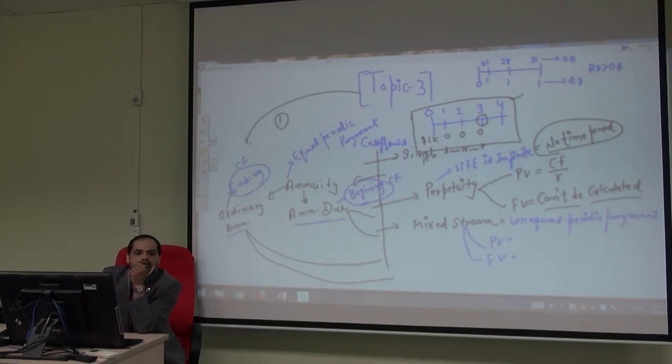The first year is 1,000, the second year is 500, and the third year is again 1,000. This is an example of a mixed stream, unequal periodic payments. In that case, we calculate the present value of the first year, then the present value of the second year cash flows, then the present value of the third year cash flows.